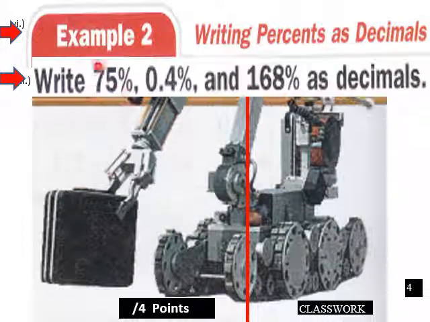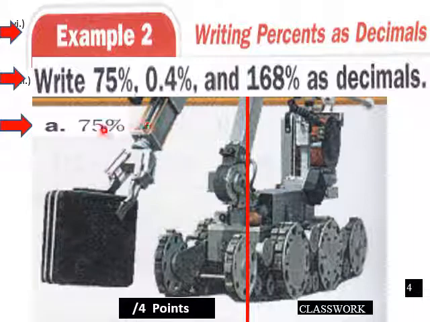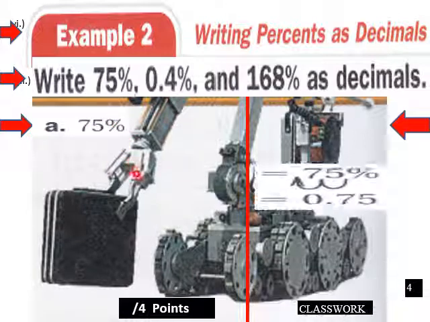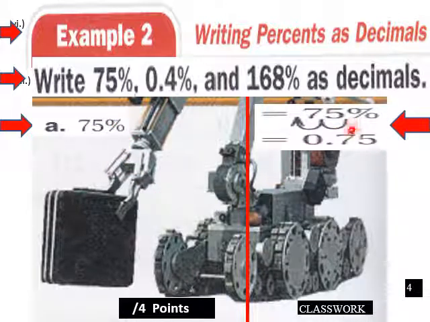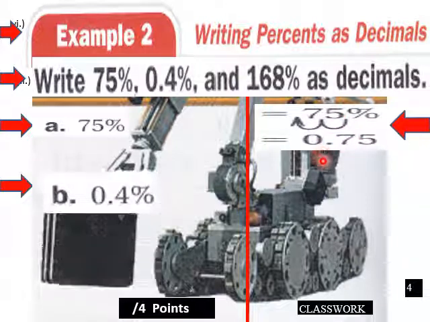Okay, our first example, Example 2: write 75%, 0.4%, and 168% as decimals. So 75% as a decimal, we move it to the left twice, and we get 0.75. 75% is 0.75.